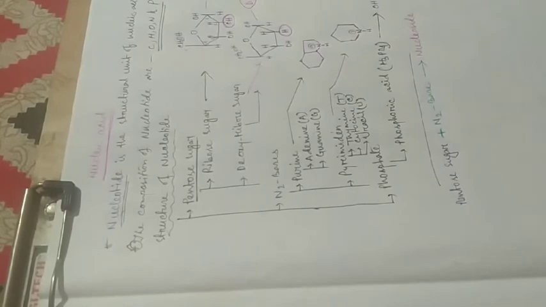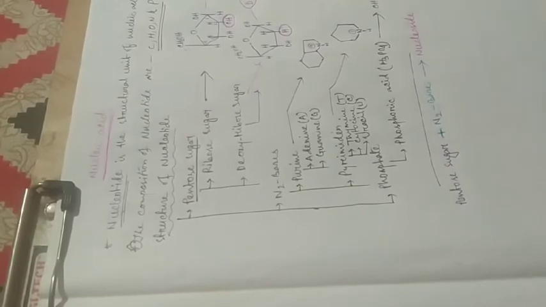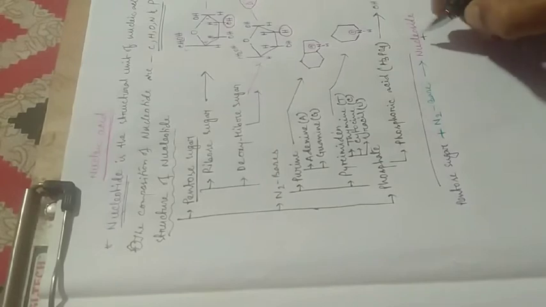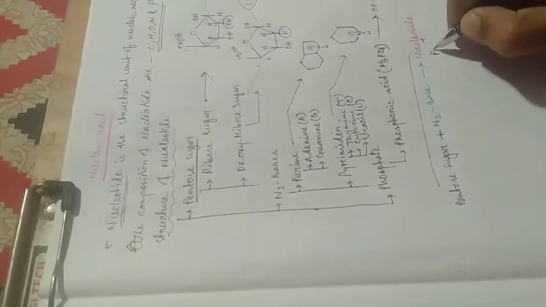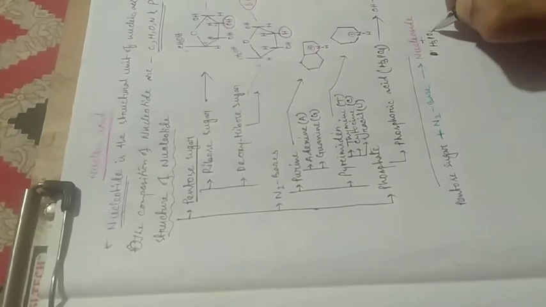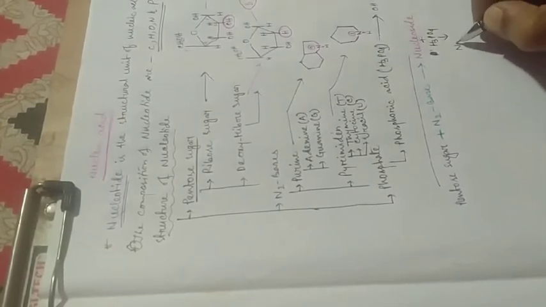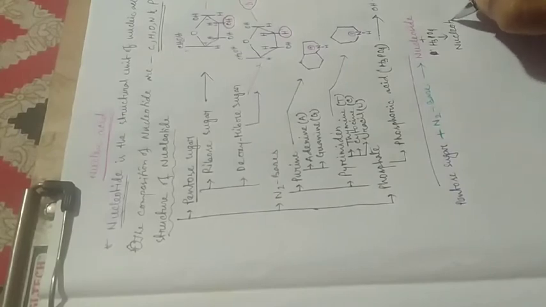So a nucleoside is made up of a pentose sugar and a nitrogen base. Then if the nucleoside is attached with a phosphate, or phosphoric acid H3PO4, it forms the nucleotide.